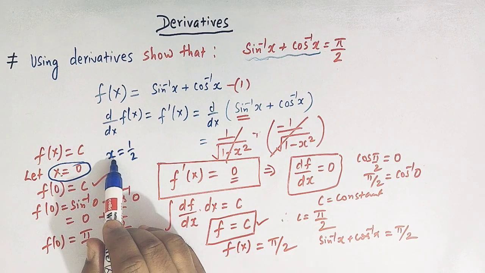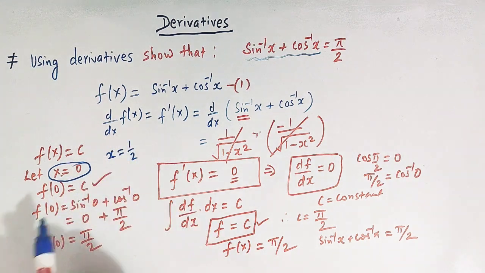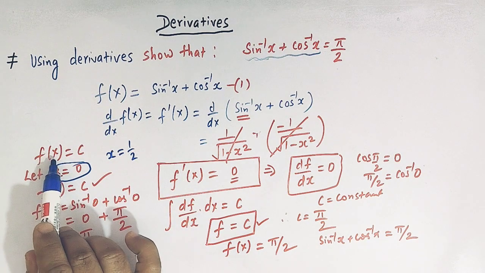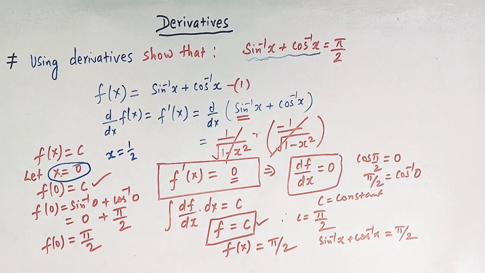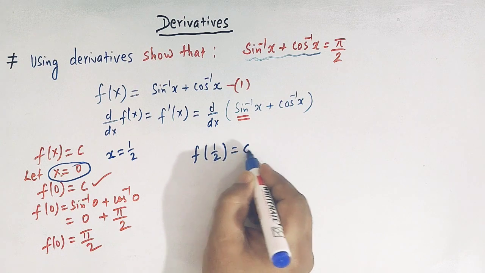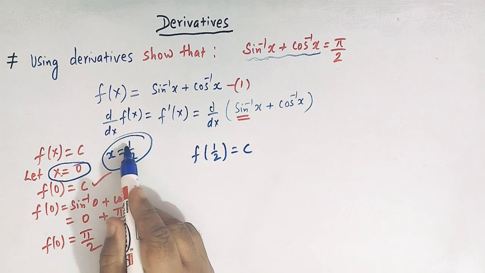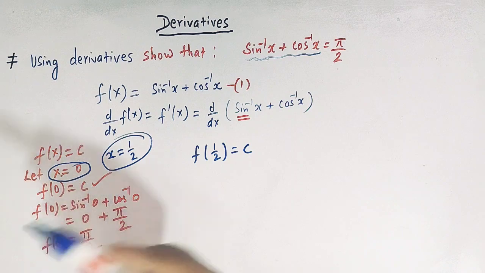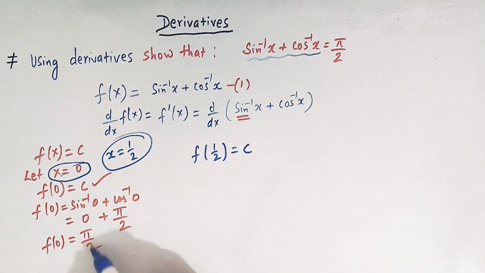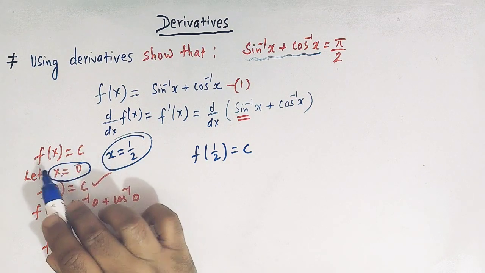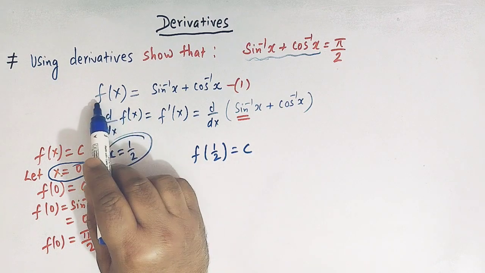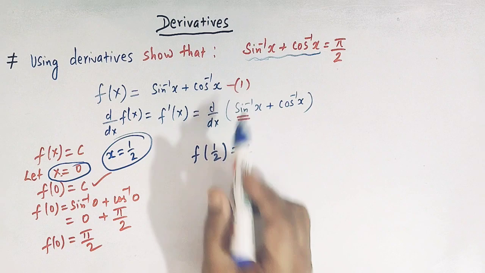If we take x is equal to half, then from f of x is equal to c, we can write f of half is equal to c. We'll show that we get the same value of c as pi by 2. Now let us find the value of f of half from this equation.